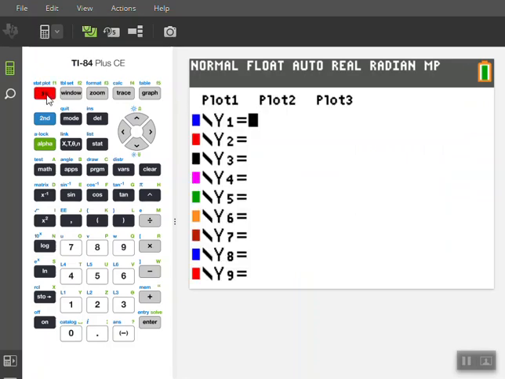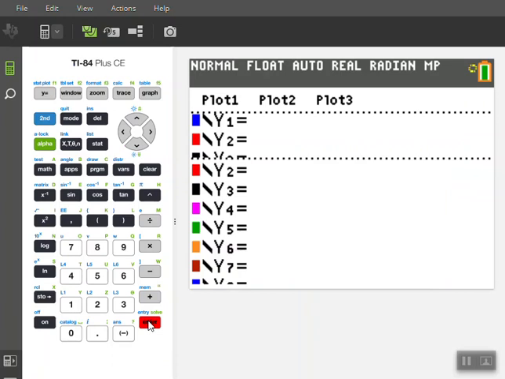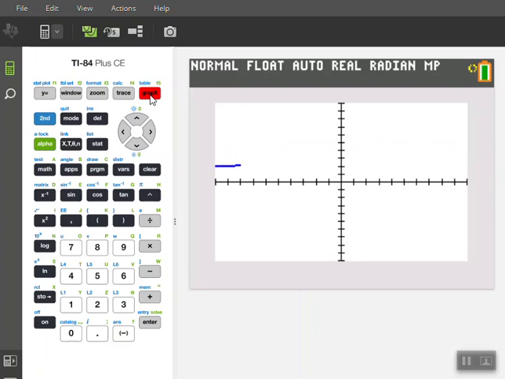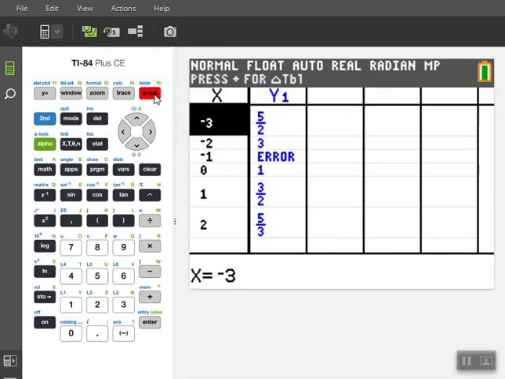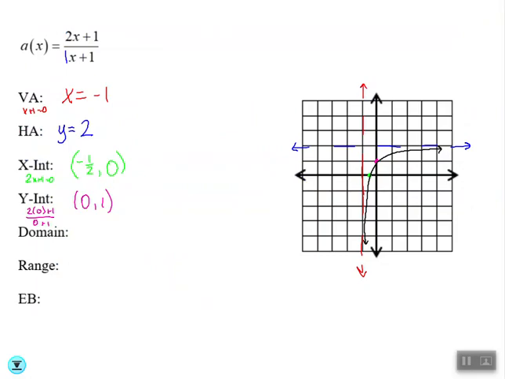Just go to y equals, type in your function, and then you want to go to the table, which is second graph. You want to look for integer points. So negative 2, 3 would be a good point to use. And we can just sketch our curve through that point.